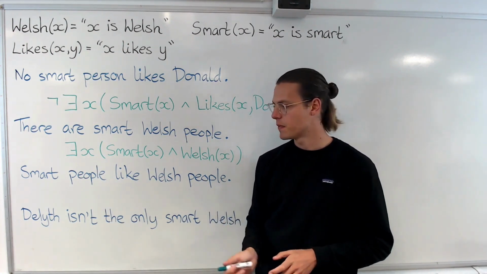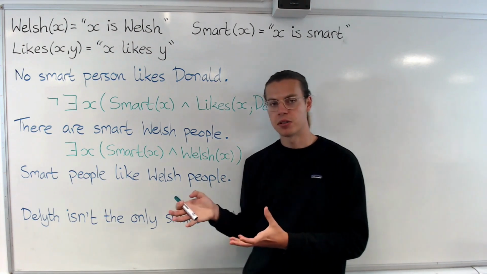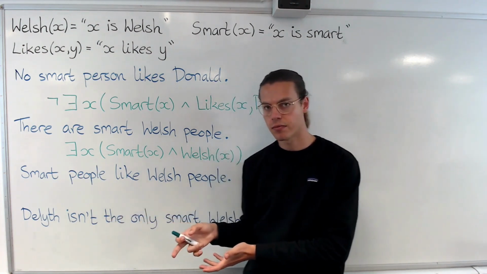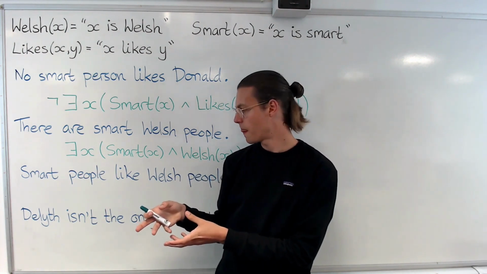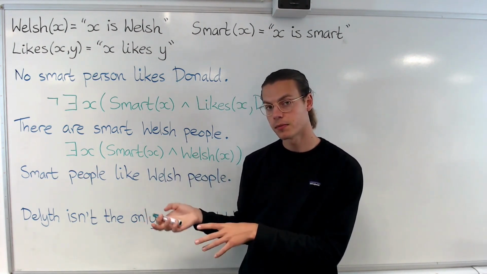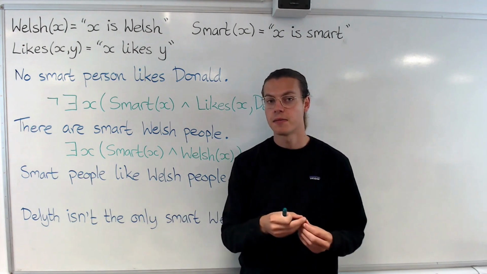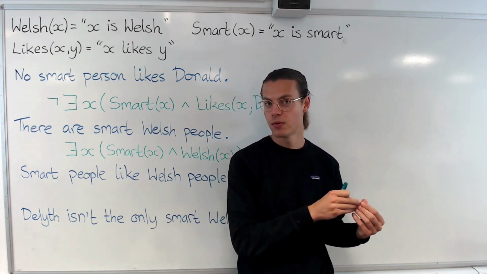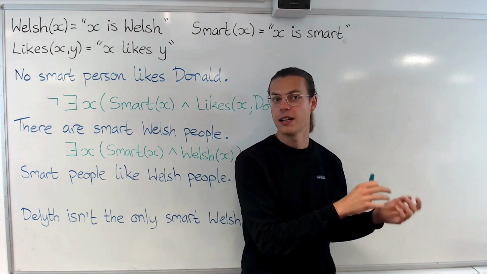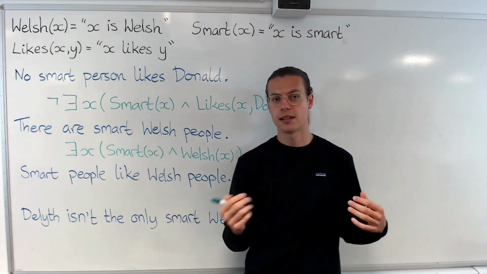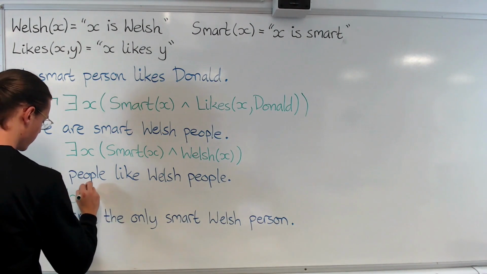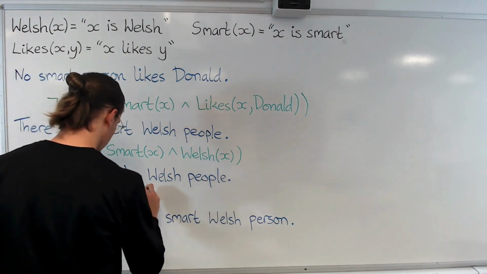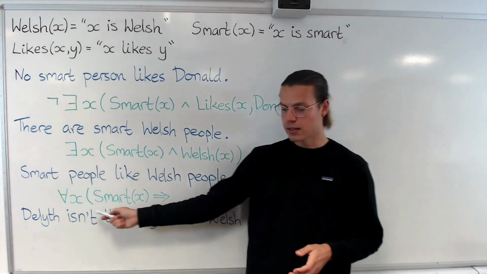We could say that for any person X, if person X is smart, then for any person Y, if Y is Welsh, then X likes Y. Okay, so here's the start.